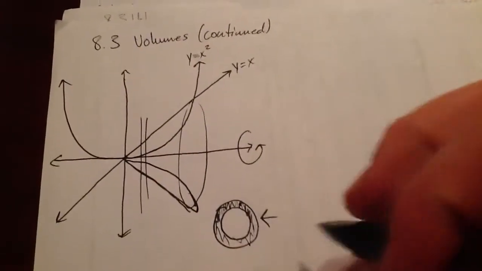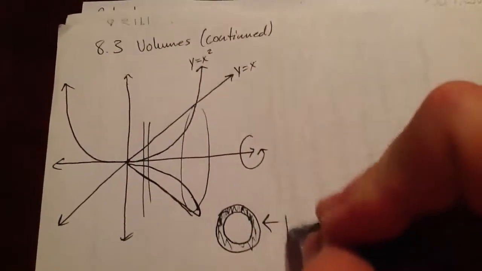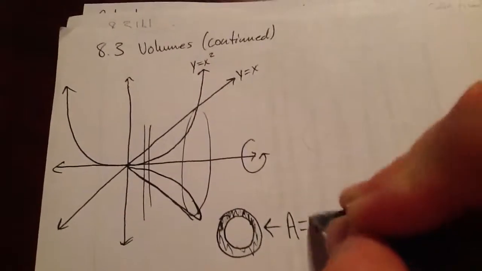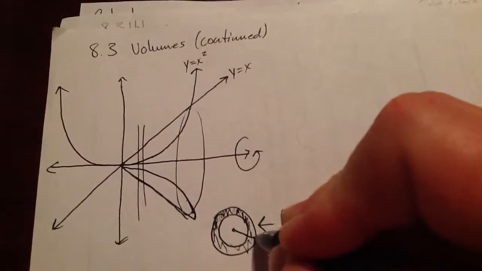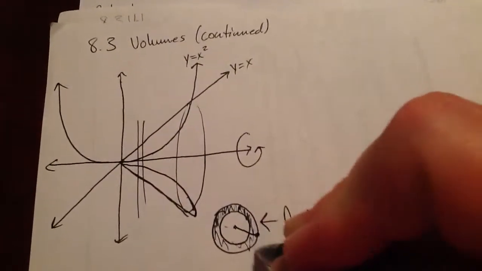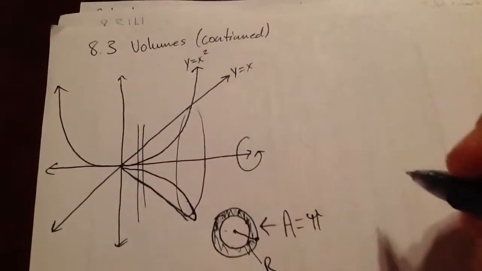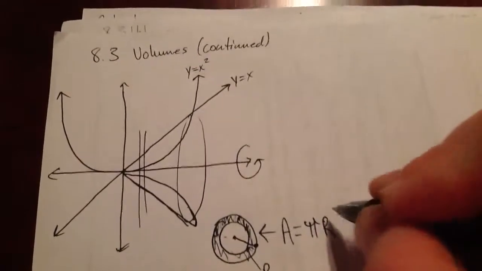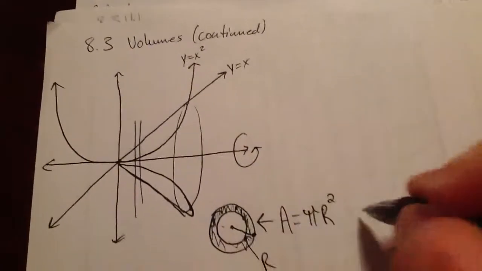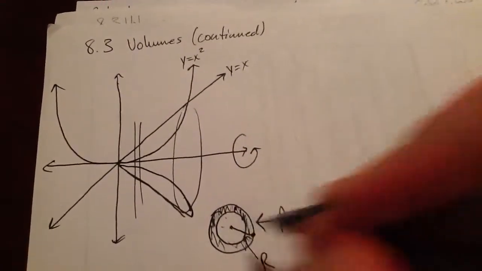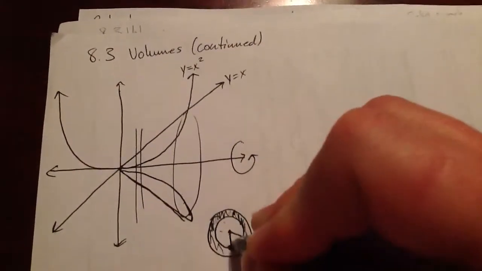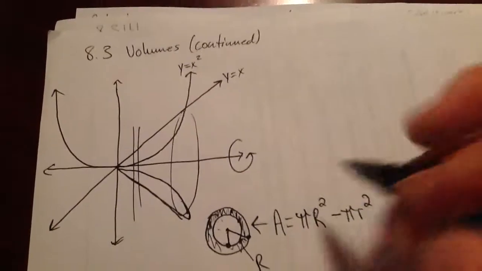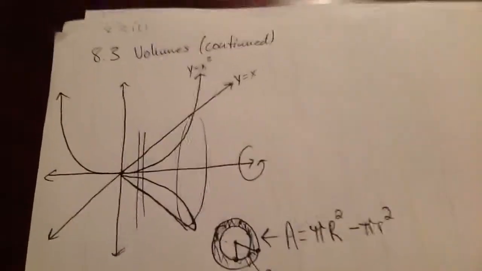So the area of this, we'll say is pi, and we'll call the big circle, or the outside one, big R. So that's pi big R squared. And then we have to subtract the area of the hole, which will be pi times our little r squared. Makes sense, right? Big radius, little radius.